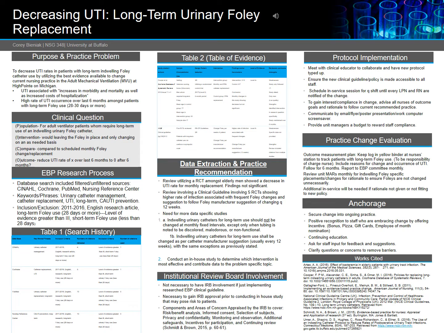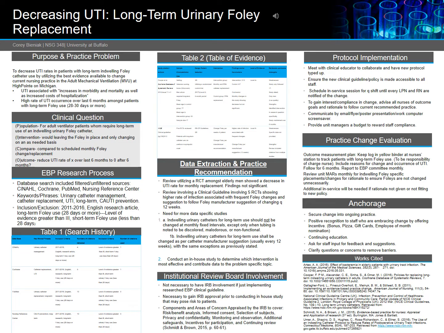Let's take a look at the evidence-based practice research process. The database search included filtered and unfiltered sources through CINAHL, Cochrane, PubMed, and the Nursing Reference Center. Keywords and phrases utilized were urinary catheter management, catheter replacement, UTI, long-term, and CAUTI prevention.